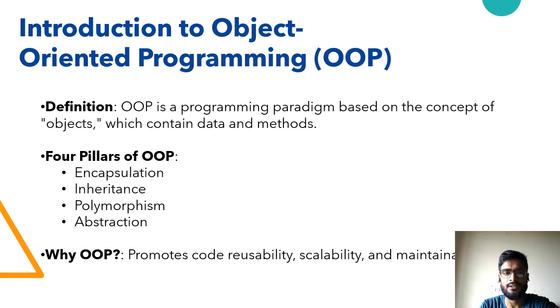First one is encapsulation, second one is inheritance, third one is polymorphism, and the last one is abstraction. The basic question is why we use OOPS in Java. So basically, OOPS promotes code reusability, scalability, and maintainability. That's why we use OOPS in Java.